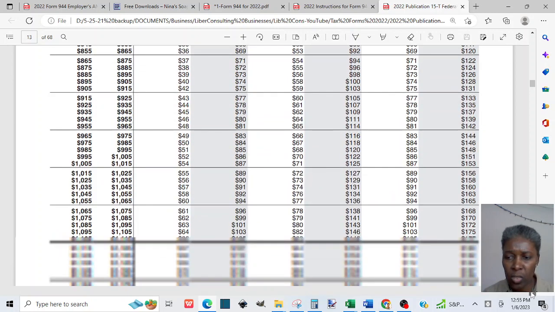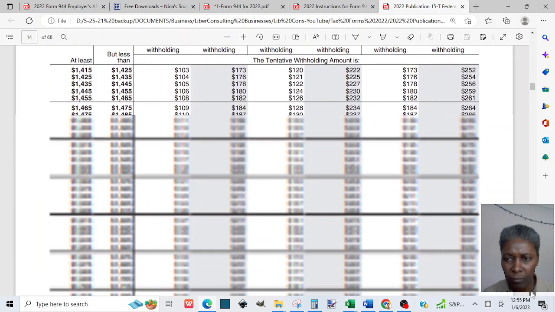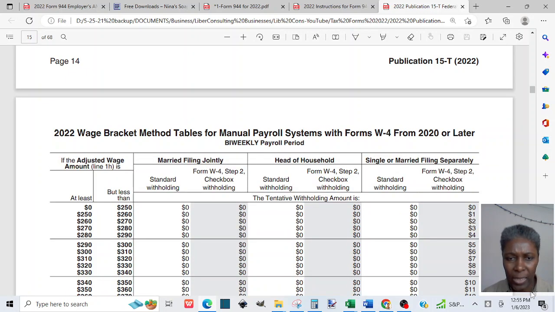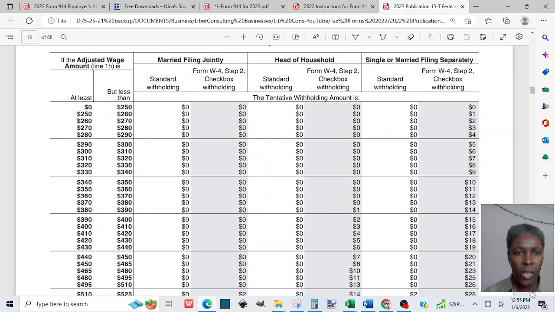So let's say you pay yourself bi-weekly. They adjust a wage amount from line 1, the W4 that we came across.